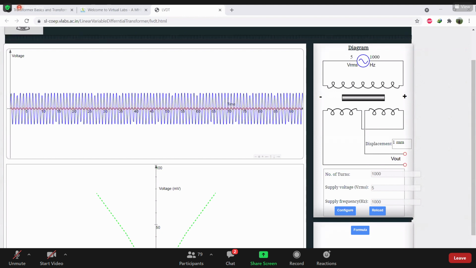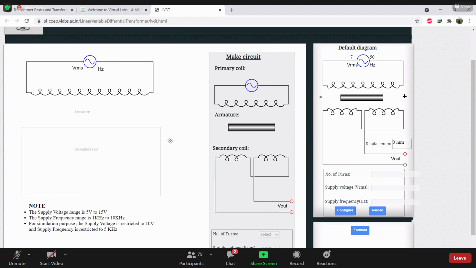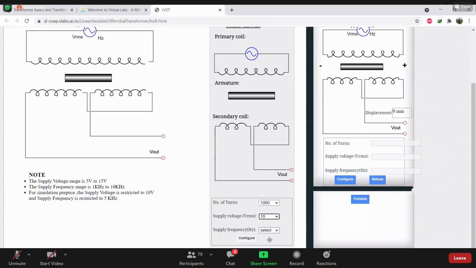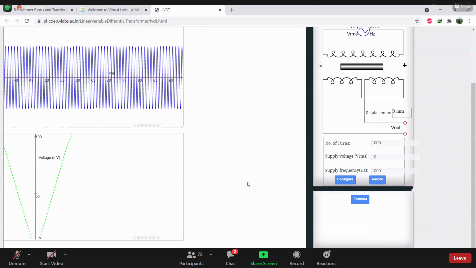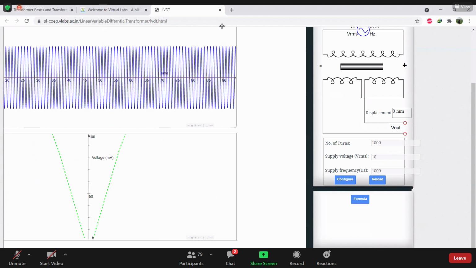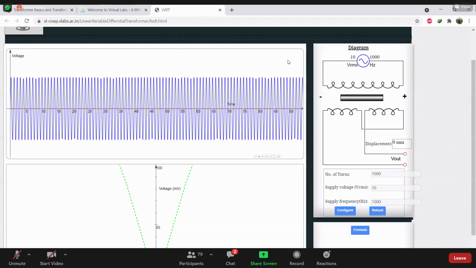Change input voltage 5 to 10. Explain the LVDT experiment.